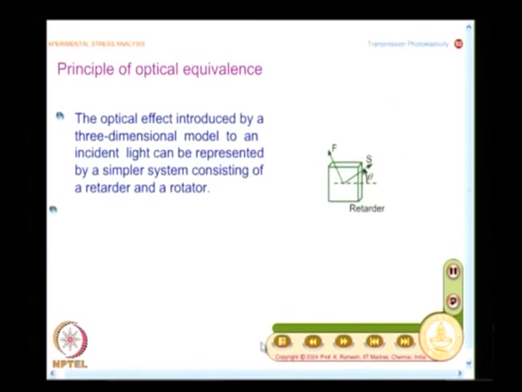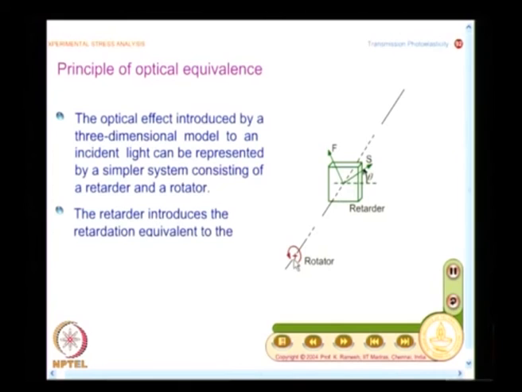And you see what we are doing. I am putting a retarder and I am putting a rotator, and let us see what happens. You observe the animation now. Let us see what happens when the incident light hits the retarder, what happens after the retarder, and how it behaves after the rotator.